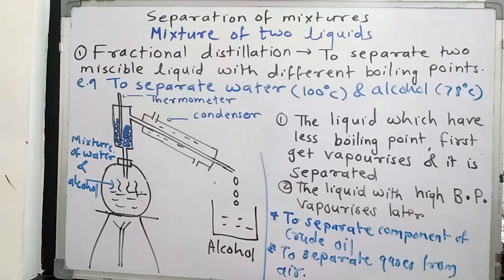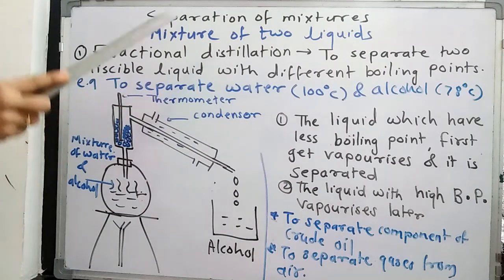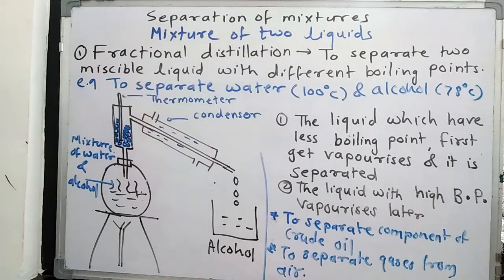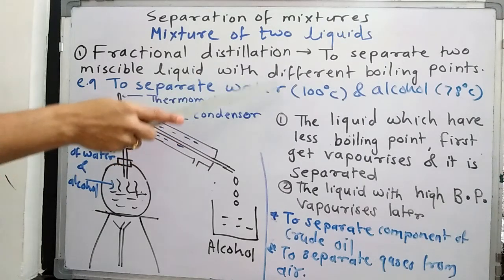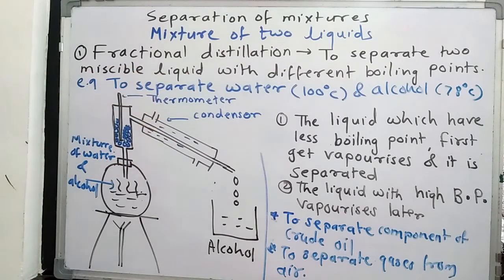If the boiling point is the same, then we cannot separate them by the method of fractional distillation. So fractional distillation is used to separate miscible liquids with different boiling points. Example: to separate water with boiling point 100 degrees Celsius and alcohol at 78 degrees Celsius.